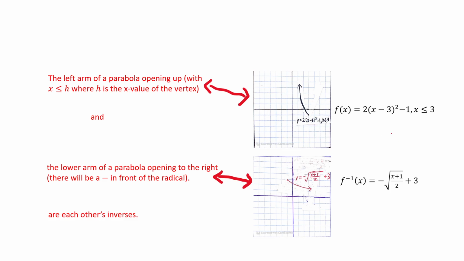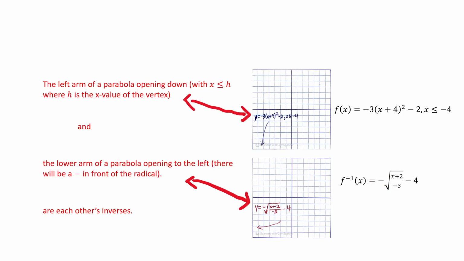I know I have the left arm because it says x less than or equal to 3, and I know that I have the lower arm of the sideways parabola because there's a negative in front. And finally, the left arm of a parabola opening down, or the lower arm of a parabola opening to the left, they'll be each other's inverses. I know it's the left arm of the parabola, and I know it's the lower arm of the sideways parabola.